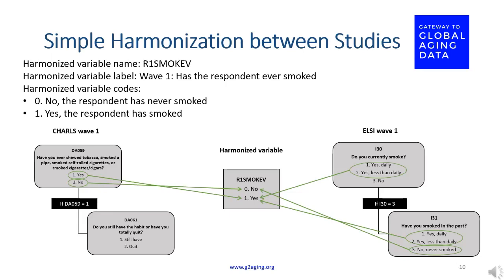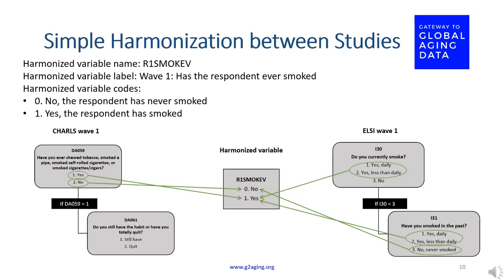If the respondent answers no, they are asked, have you smoked in the past? The respondent can answer yes, daily, yes, less than daily, and no, they never smoked. And these responses are also coded as 1, 2, and 3 respectively.